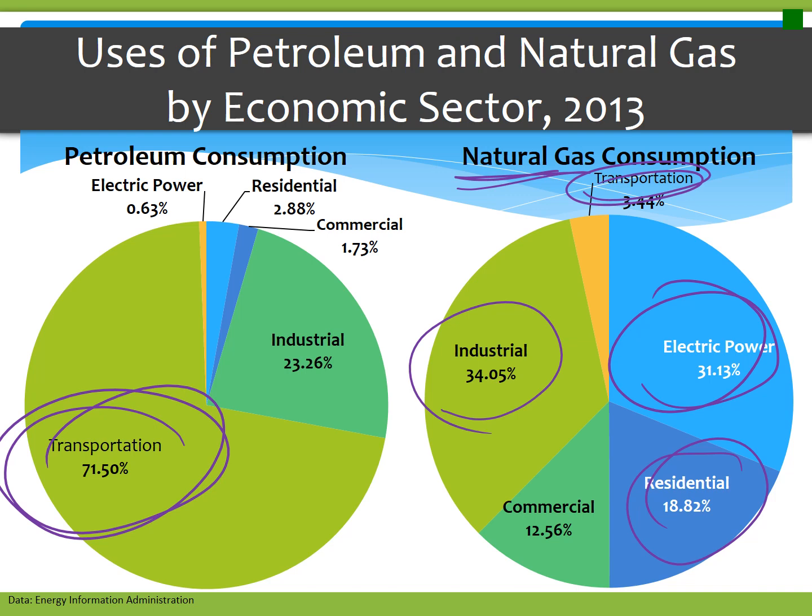A lot of our plants are natural gas plants nowadays. You never hear of an oil plant as an energy source for electricity. What is the oil used for? Once again, transportation. But you will have a natural gas power plant, because we use natural gas a lot on stoves, but also for our electricity use.